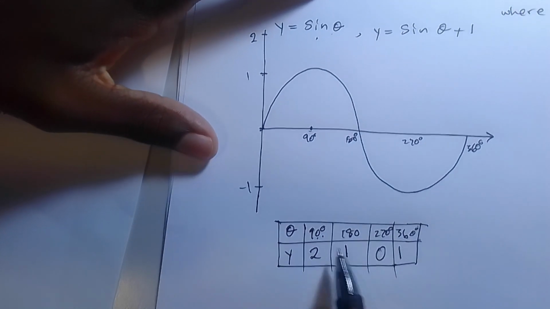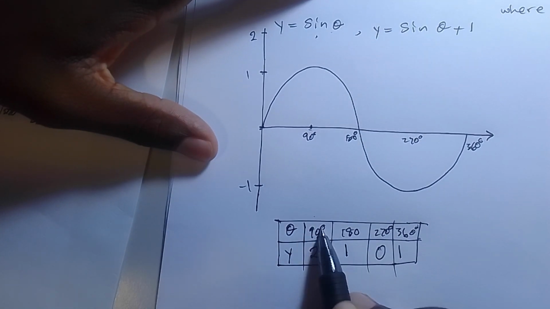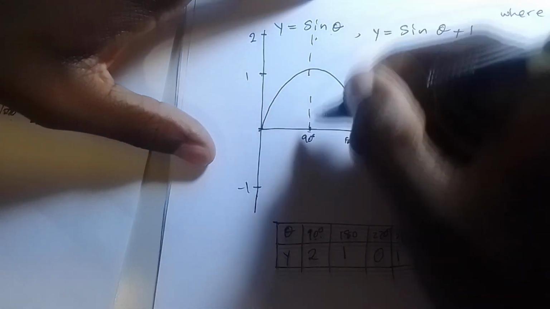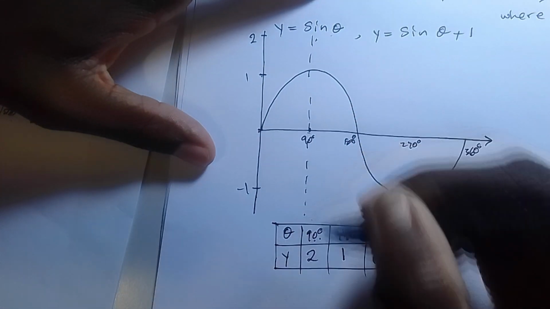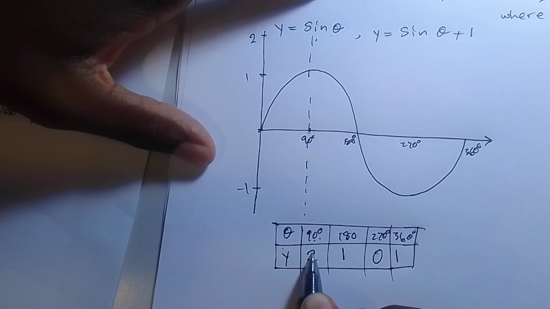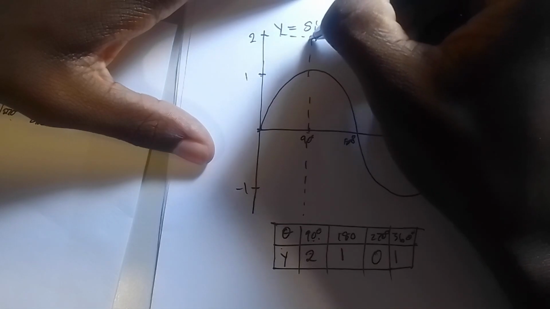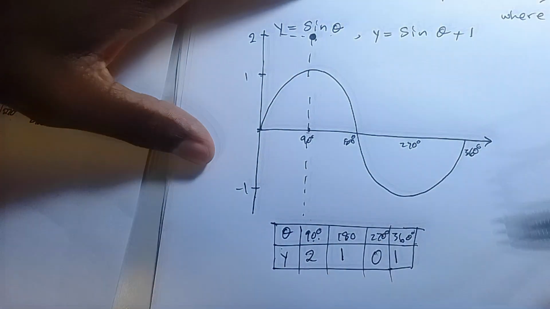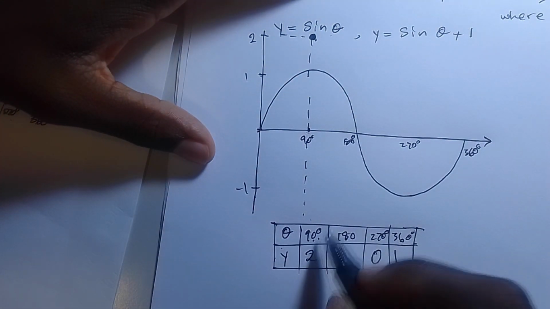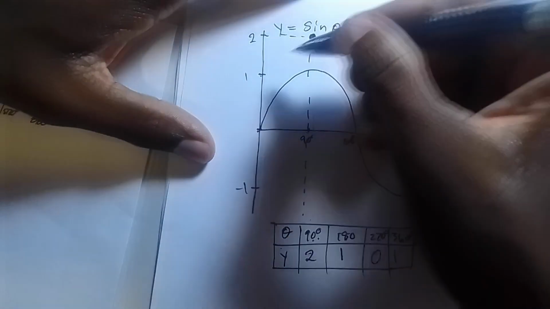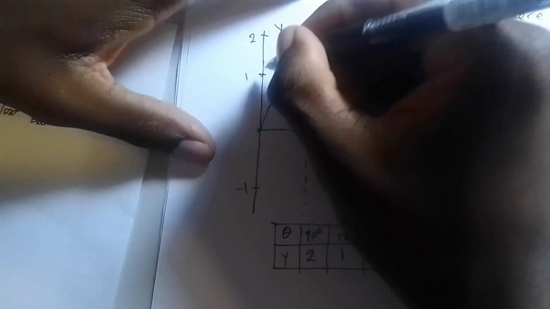Where theta is 90, y is 2. That's your point right there. Where theta is 0, you have to substitute that too, and if you substitute 0 there, you get 1.